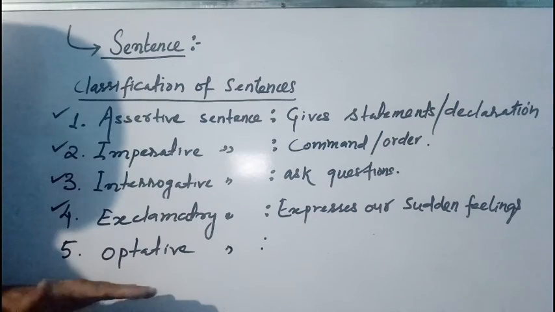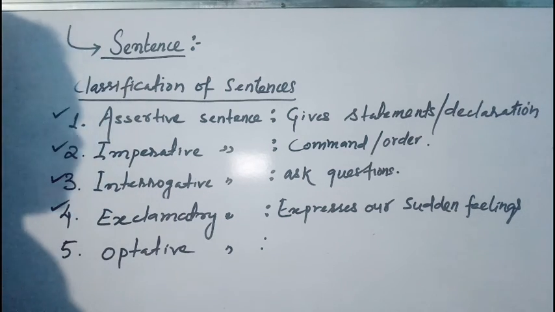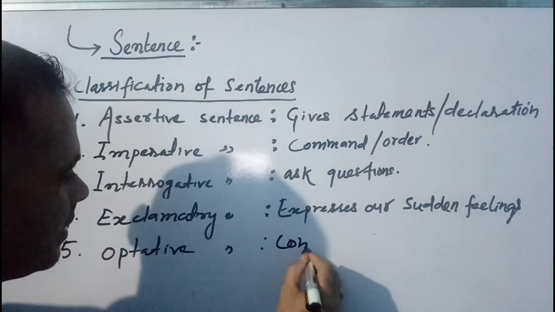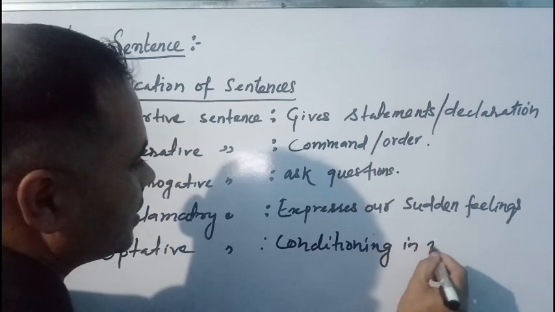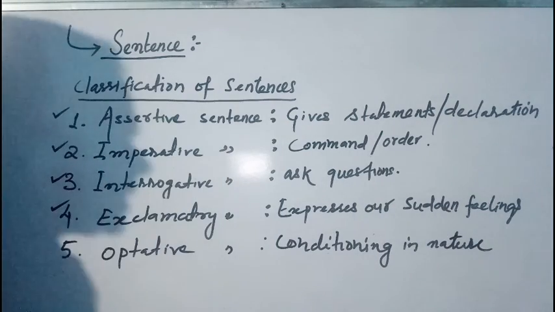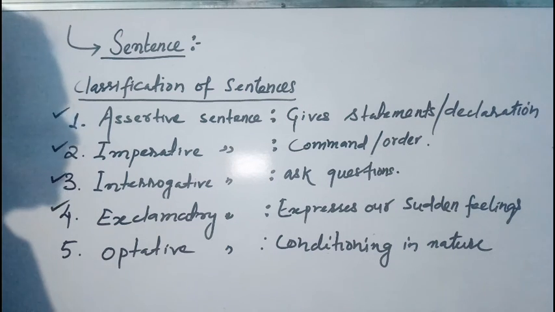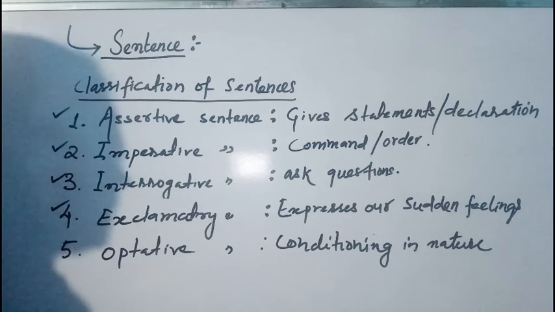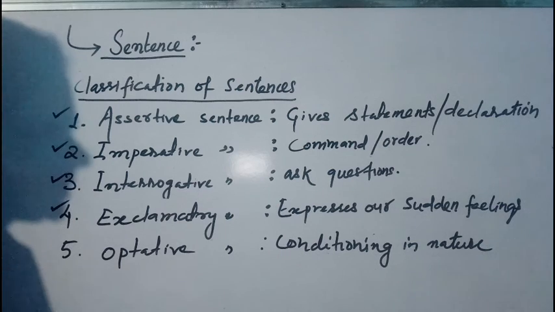Now, optative sentences are those sentences which are conditioning in nature, where we have a possibility of getting an answer either in yes or in no. The answer may be positive, the answer may be negative. Let us see what kind of sentences are called optative sentences.